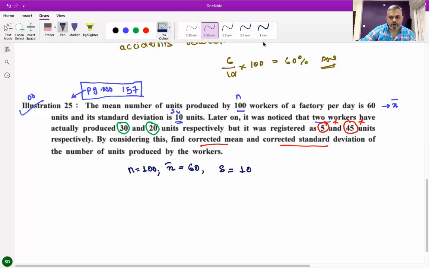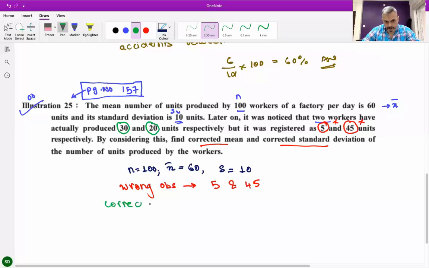Now we have wrong observations, so I write in red. Wrong observations are 5 and 45. Correct observations are 30 and 20.